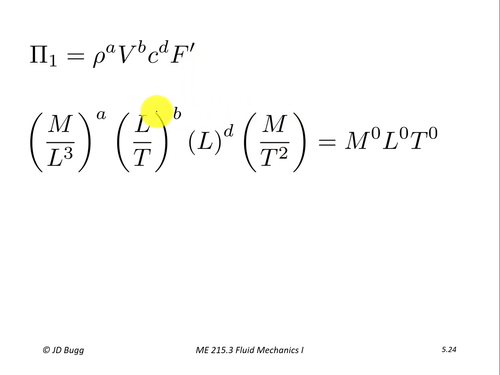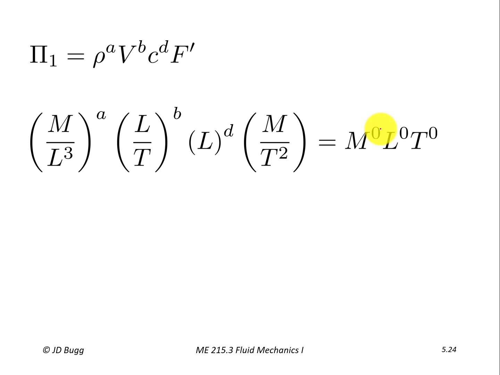So notice all of these things we're getting from that earlier step where we listed the dimensions of each of our quantities. So when all that's combined together, the exponent on the mass, length, and time all have to be 0. Okay, so that's what we write on the right-hand side of the equation.